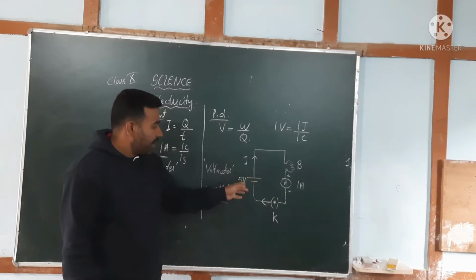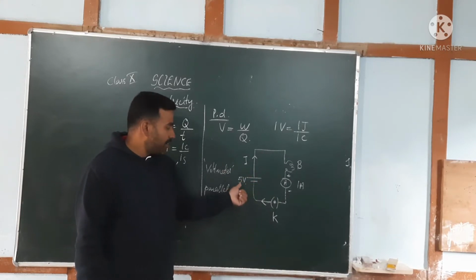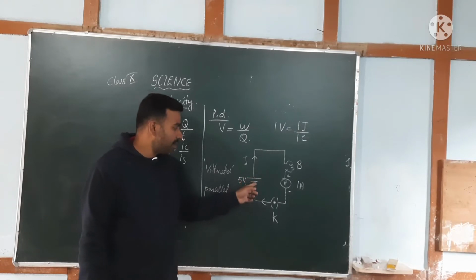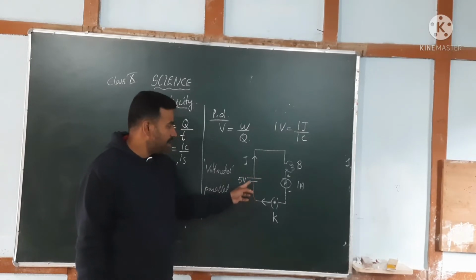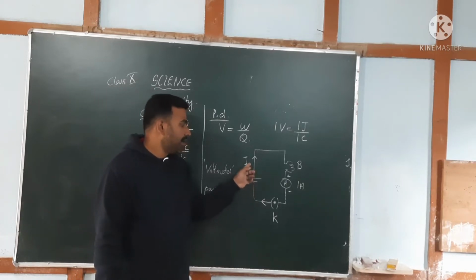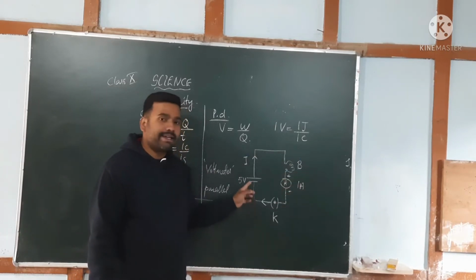Here you can see a 5-volt battery attached in the circuit. The long lead represents the positive terminal and the smaller one represents the negative terminal. According to the convention, current flows from the positive terminal to the negative terminal.